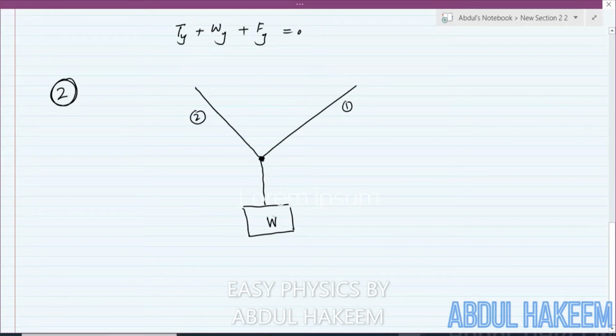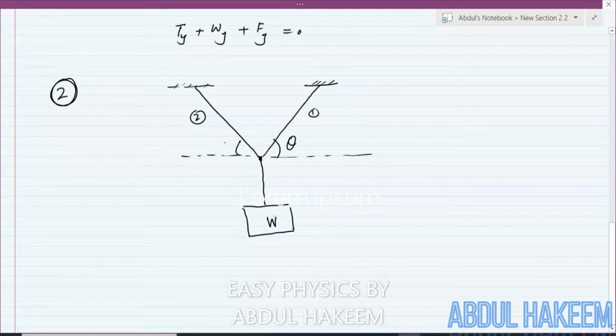Both strings, suppose, are inclined at the same angle with the horizontal line. This angle is theta, this angle is theta. Now the tension in this string is T, and the tension in this string is also T because both angles are equal.